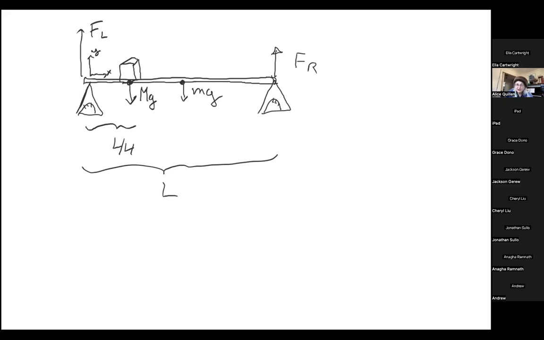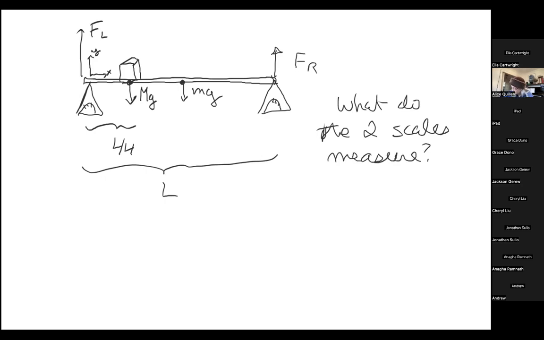But because the box is on top of the beam and not in the center, there's more weight on the left scale. So the point of this problem is to figure out what the two scales measure.